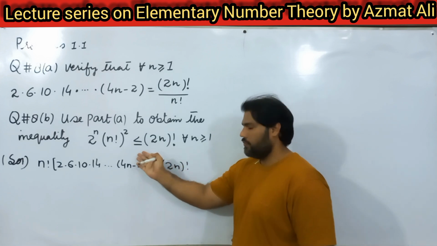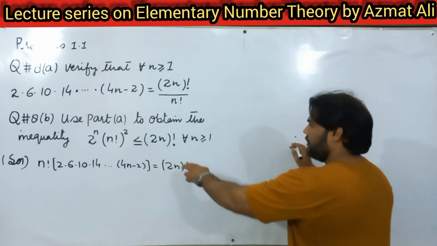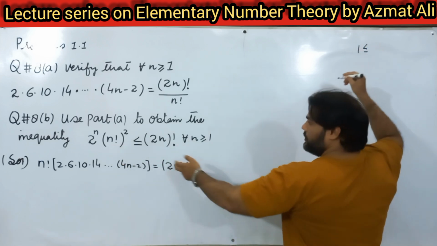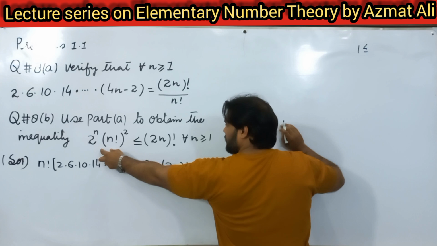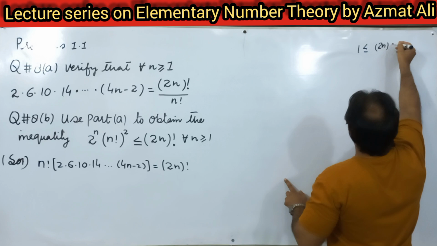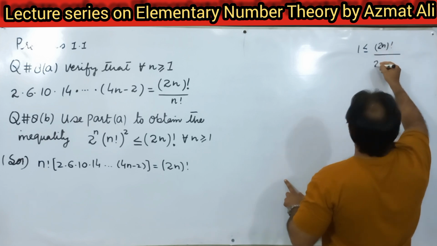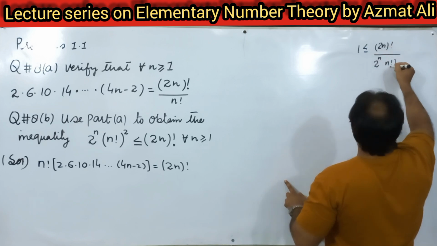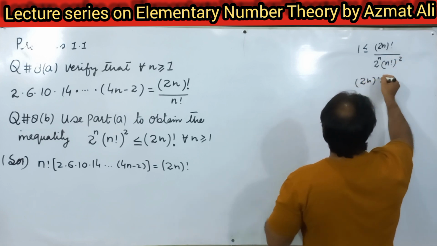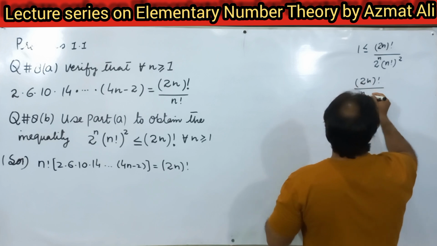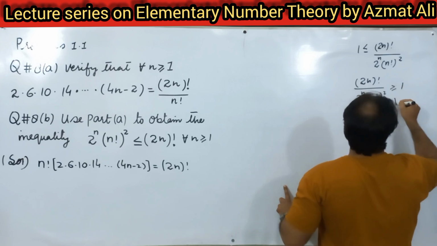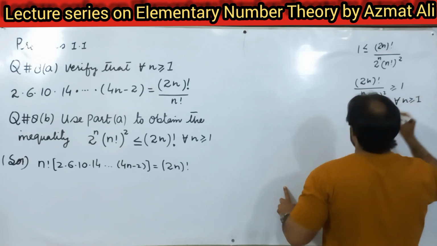This inequality that we have to prove further can be written as 1 less than or equal to, if we divide the left hand side on both sides, 2n factorial over 2 raised to power n into n factorial whole square. It means we will prove 2n factorial over 2 raised to power n into n factorial square is greater than or equal to 1 for all n greater than or equal to 1.